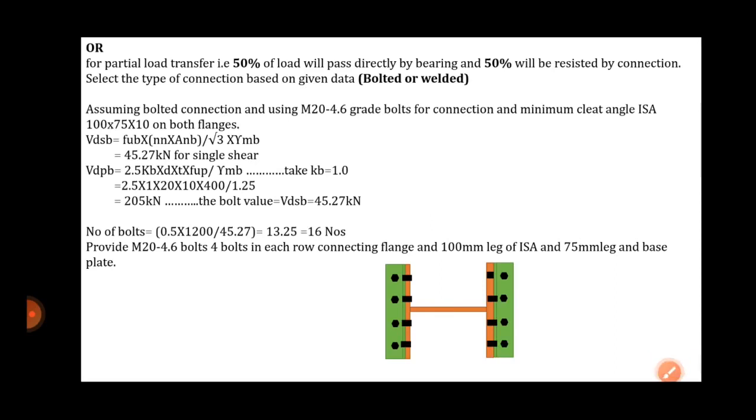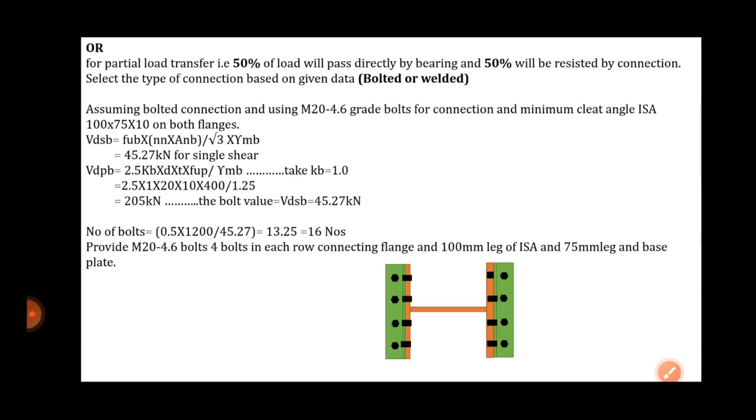So step number 1, to calculate the VDSB. VDSB is equal to Fu into nn into Anb divided by root 3 gamma mb, where we are designing it for single shear. So VDSB is equal to 45.27 kilonewton.